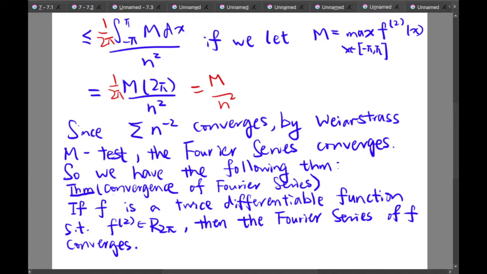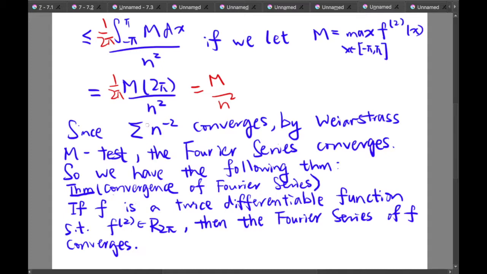If we let M be the maximum of the second derivative of f inside the closed interval negative pi to pi, we get that it is smaller than or equal to 1 over 2 pi times the integral from negative pi to pi of M over n squared. This is just a constant function, so we can simply compute its integral, which is equal to M times 2 pi. Therefore, the 2 pi here and here cancel out, and we are left with M over n squared.